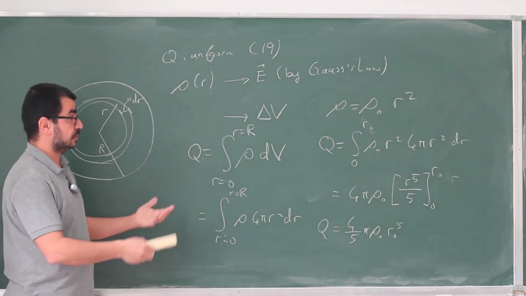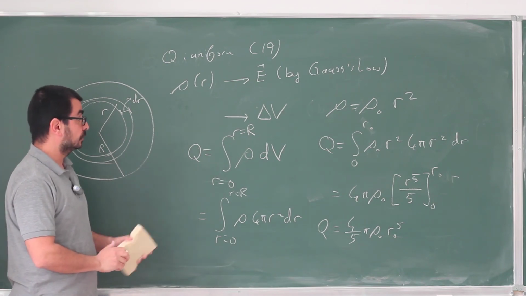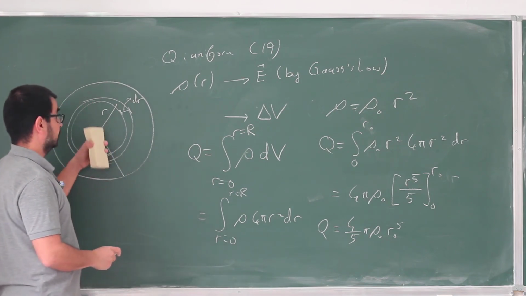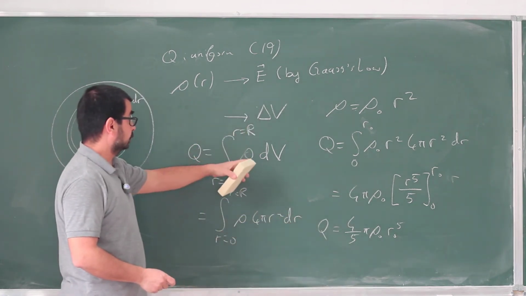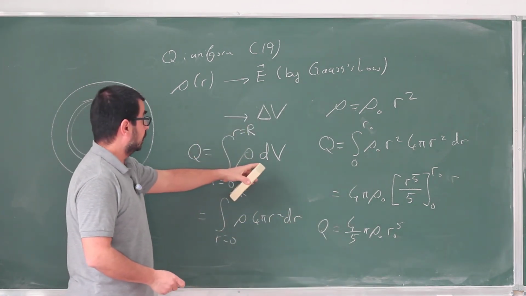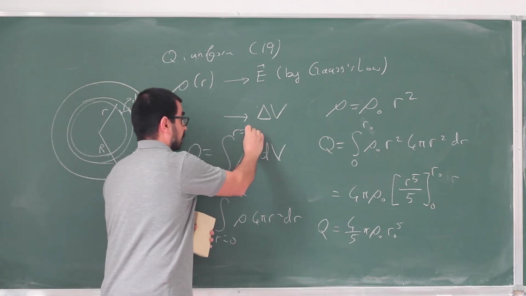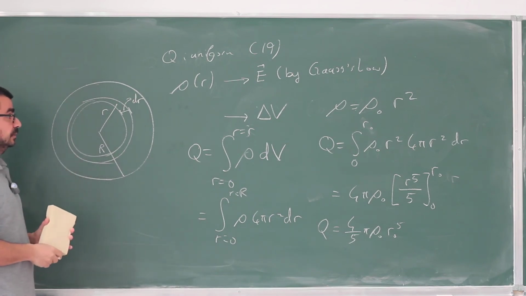And then you are going to use this rho 0 in your further calculations when you're trying to calculate the enclosed charge at a given radius. So for example, at a given radius r, you're going to take this and substitute in here. And again, this is not going to go up to capital R, but whatever r you are looking at, just like we did for problem 19.